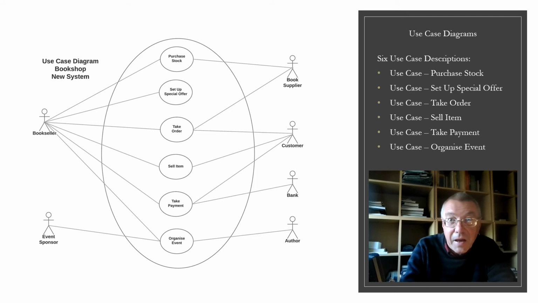So in this case, there would be 6 use case descriptions, one for each business process, for each use case shown here, and each would have a varying level of detail as required. Most use cases are a combination of diagrams and text. We will cover the detail of how you might do that, how to produce a use case description in a future session.